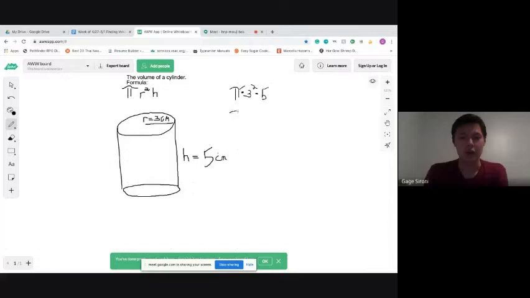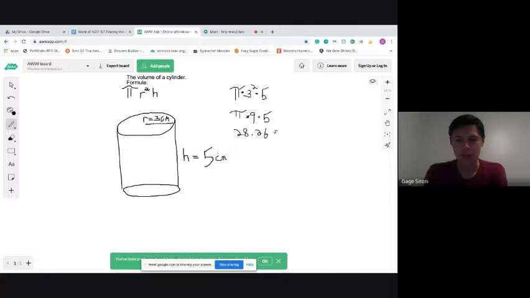We're going to do pi times, let's see, 3 squared is 3 times 3, which is 9, times the height, which is still 5. Now you can solve this in any order you want because it's all multiplication. I'm just going to do pi times 9, or 3.14 times 9, which is 28.26.